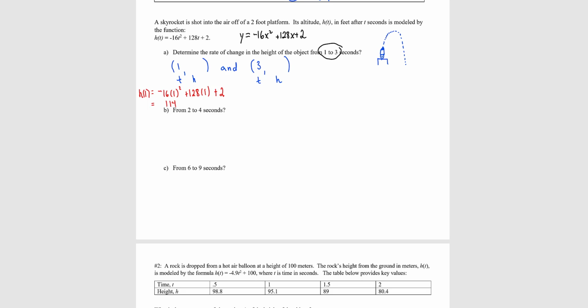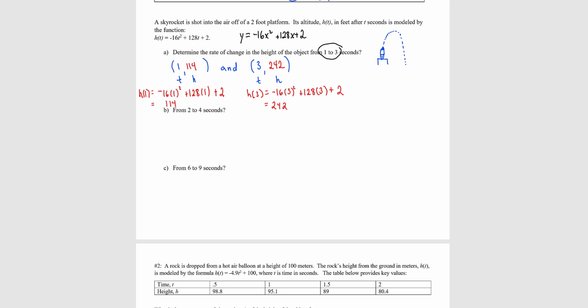So at 1 second, I got 114. So the rocket is 114 feet in the air after 1 second. And then we're going to do the same thing by plugging in 3 in for t. And for this one, I'm getting 242 feet. So the first thing I recognize is this should be a positive rate of change because the skyrocket is increasing in height from 1 to 3 seconds.